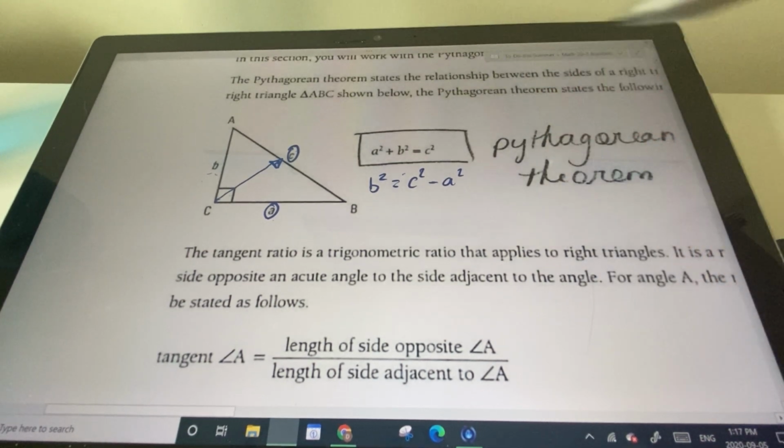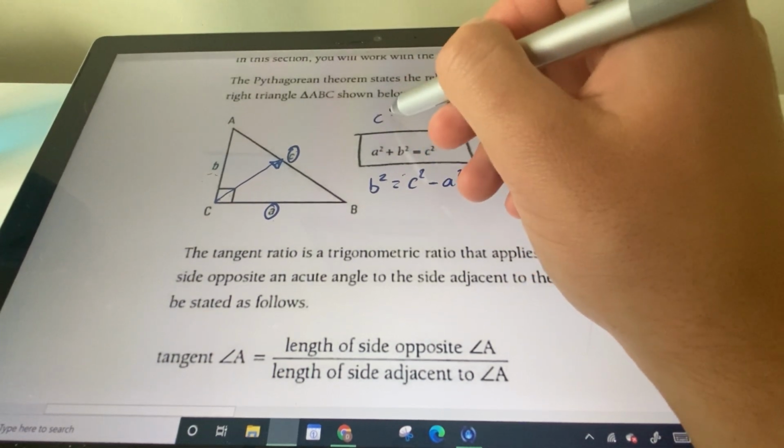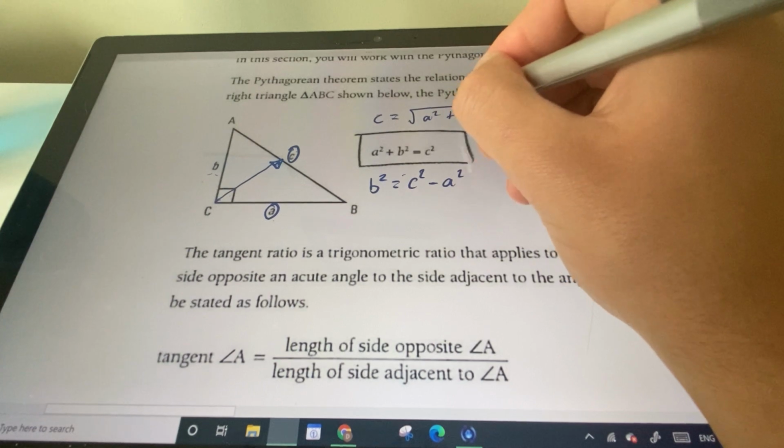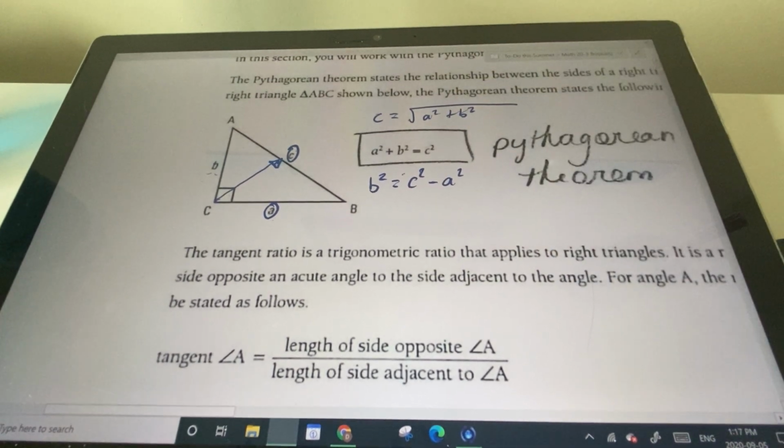Now recognize this is squared. You always got to remember to square root. So if we wanted to solve for what c is, it would actually be the square root of a squared plus b squared. People always seem to forget that you need to, in fact, square root your c value, okay?